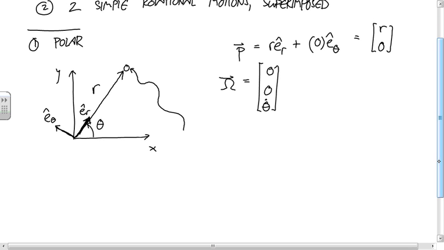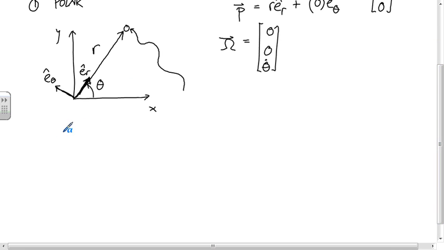Okay, so let's figure out what the velocity vector of this point would be. We know that the velocity vector is going to be r dot times e_r. And then in addition to that, it's going to be, or actually, I'm sorry, let me do this in the other notation. So remember, this is the way I gave it to you last time.